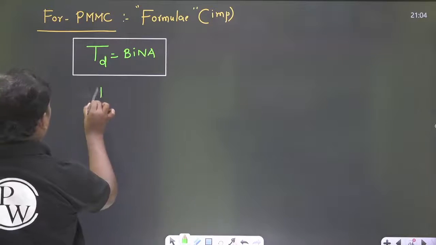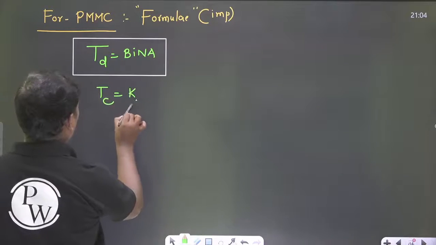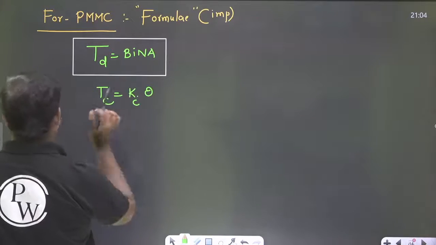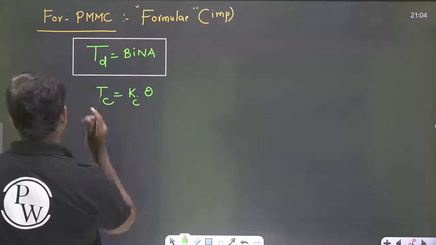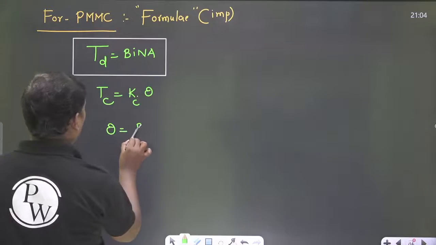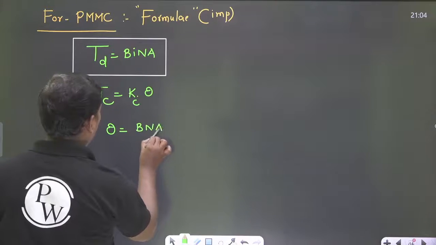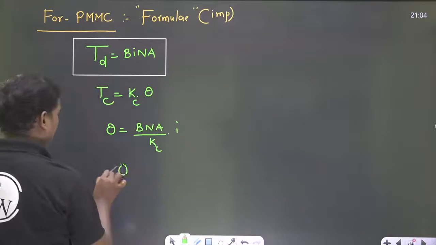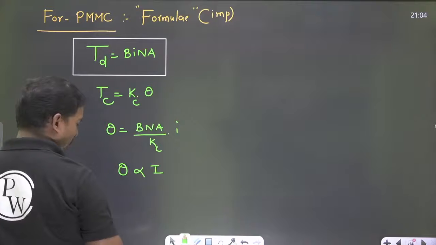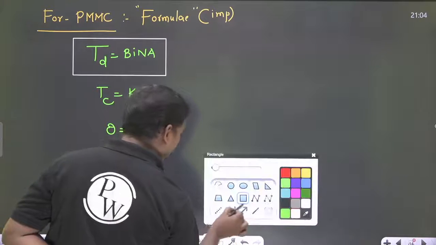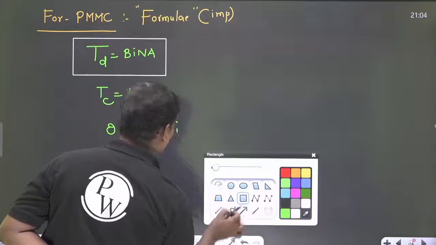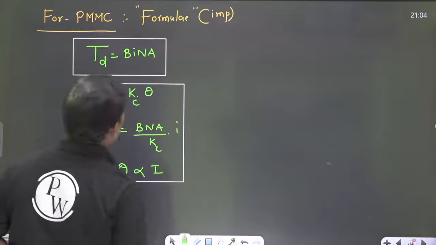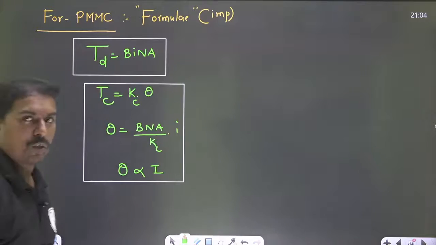Next, controlling torque is equal to Kc into theta. That is another one. At steady state these are equal, so theta is equal to BINA by Kc, so theta is proportional to I. These are all expected.